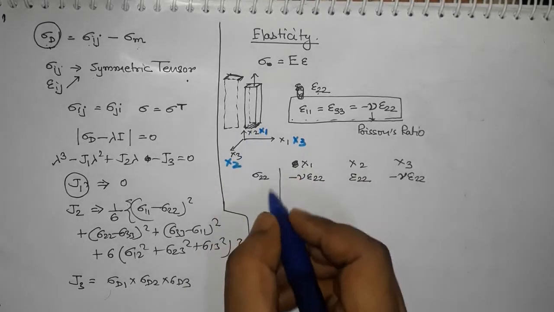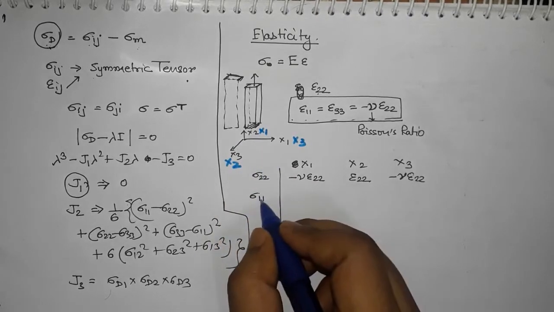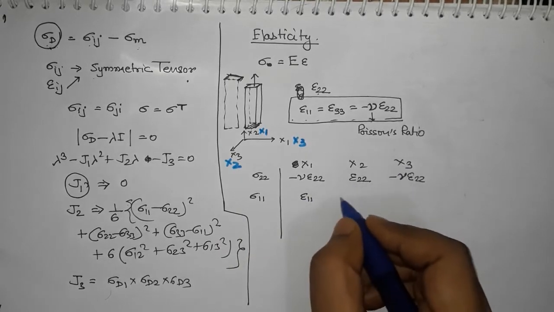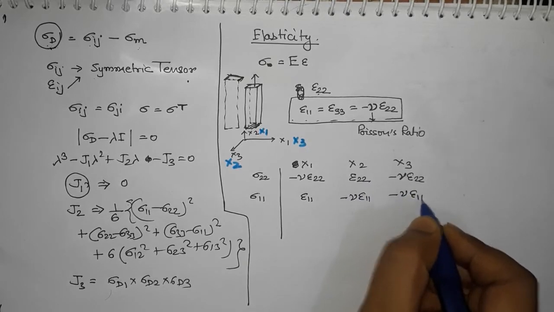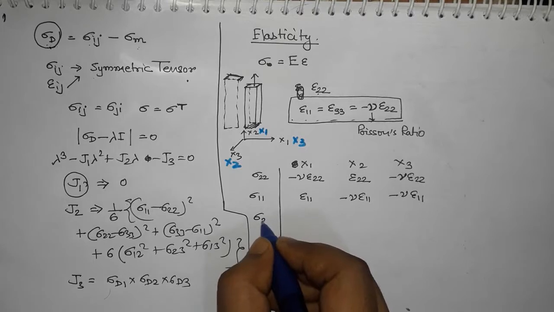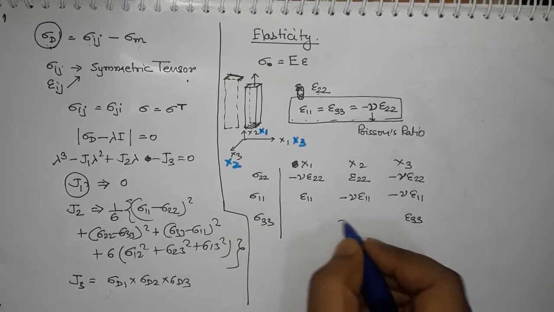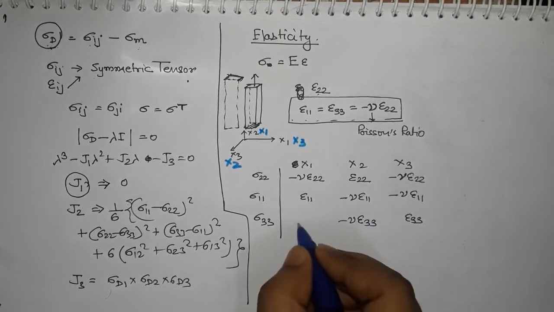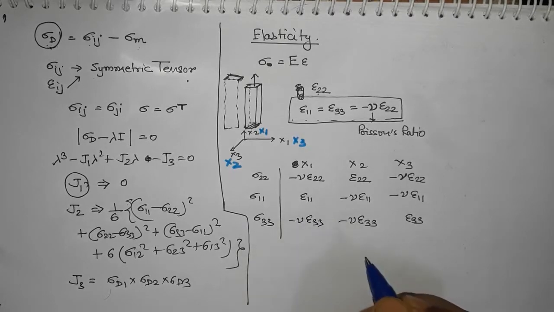Now our stress is in the direction of x1, so we have sigma 1 1, so therefore the strain will be epsilon 1 1. In the other directions we will have minus mu into epsilon 1 1. Similarly, if we do this in the third direction, we will have epsilon 3 3, then minus mu into epsilon 3 3, and here we will have minus mu into epsilon 3 3 again.